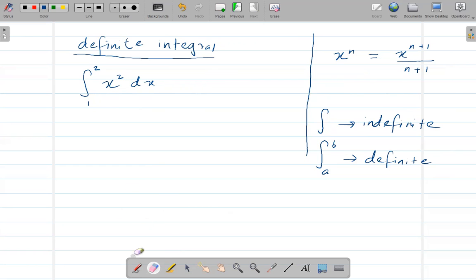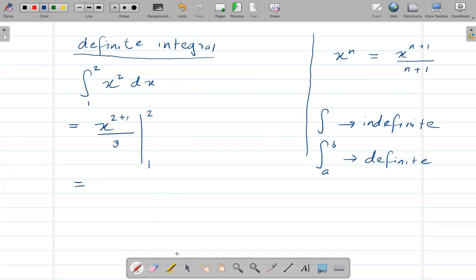All right. So first, let's find the integration of x squared here. So x squared is going to be x to the power 2 plus 1 over 2 plus 1, which is 3. Now after this, since we have an interval, what we're going to do on this kind of problem is make a line on the right hand side like this, and then write this interval here again, 1 to 2, like this, right?